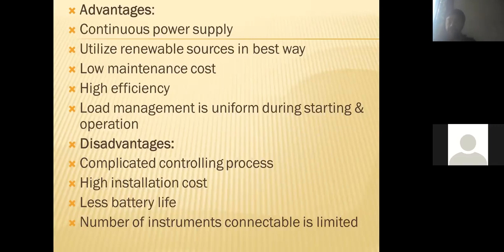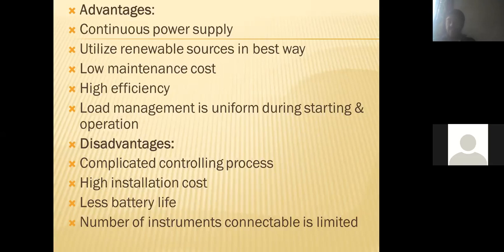Since it depends on the solar and wind part, maintenance is also going to be less, because the solar part consists of only solar panels. It doesn't have any moving components. With no moving components, the efficiency will be more as usual, and maintenance will always be lesser. That is an advantage we have here.